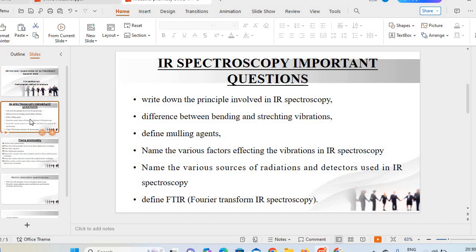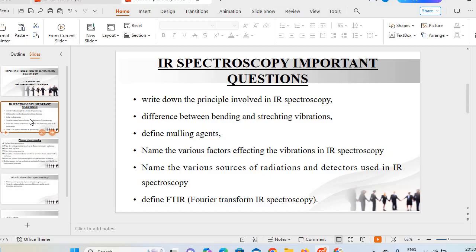Next question, which can be very important, is the difference between bending and stretching vibrations in IR spectroscopy. What various types of vibrations occur in IR spectroscopy? What is the difference between bending and stretching vibrations? This is a very important question.